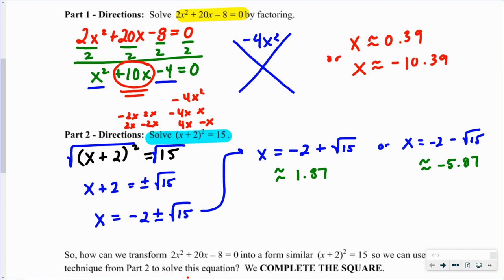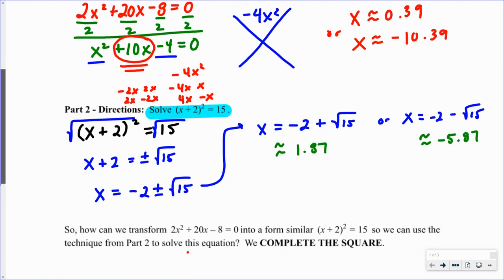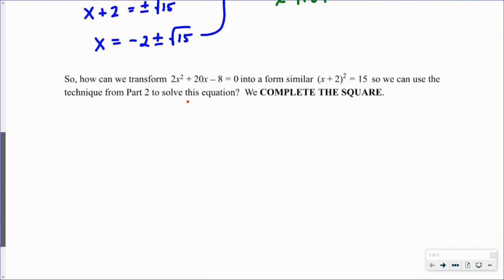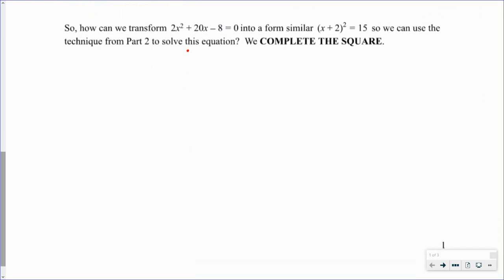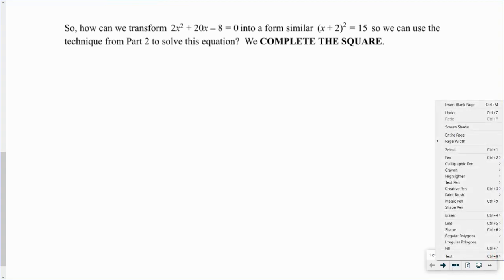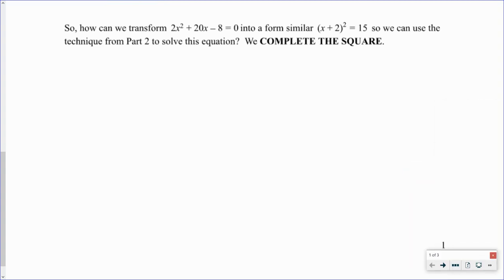Even though the answers aren't really nice numbers, 1.87 and negative 5.87, the equation still has solutions and we can get them pretty easily. So let's take a look down here on the bottom, and we're going to try to answer that question right now. Let's walk through this. How do we make this equation look more like that?